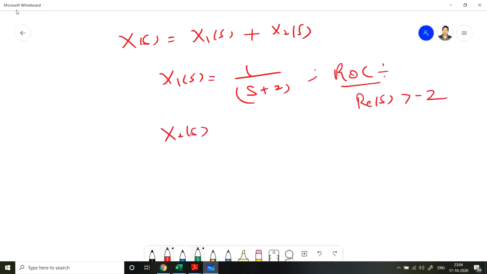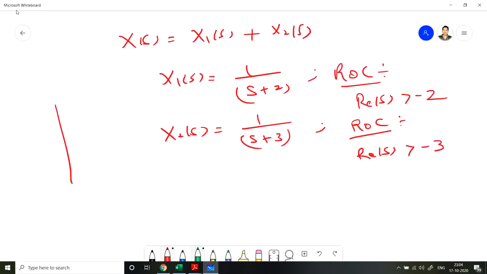Then X2(s) is 1 divided by s plus 3, and the ROC is real part of s greater than minus 3. Now if we see the regions of convergence, this is our minus 2, this is our minus 3.